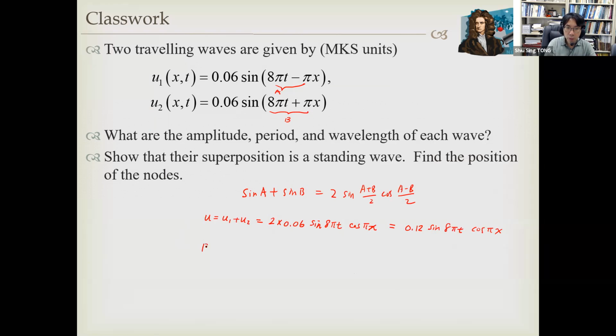And the position of the nodes corresponds to what? Corresponding to this factor being equal to 0. Right? Because it's always 0 disturbance here, right? So it's corresponding to this factor being equal to 0. So what is the solution for that? It corresponds to pi x. Now, the 0 of the cosine is either pi over 2 or 3 pi over 2, right? Is that right?